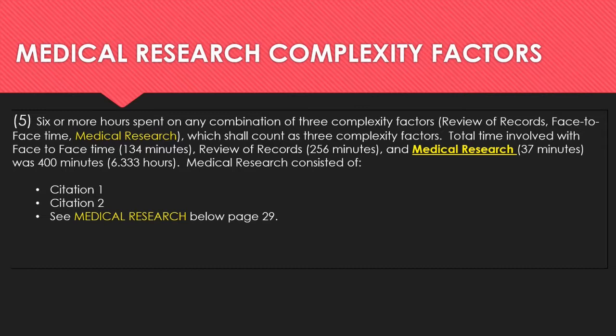So when we're qualifying our report as an ML104, and we're claiming that we spent 6 or more hours on any combination of the 3 complexity factors, including medical research, remember that we're required to do at least 3 things. We're required to list, we're required to explain, and we're required to include citations.